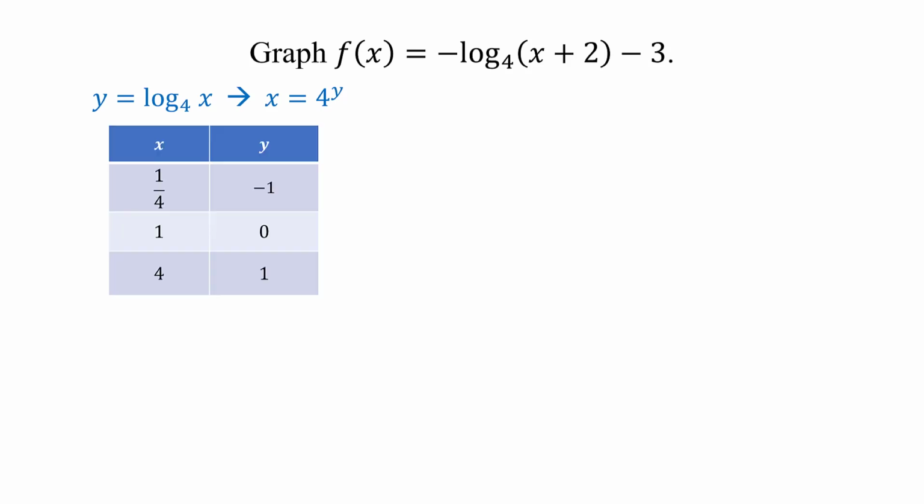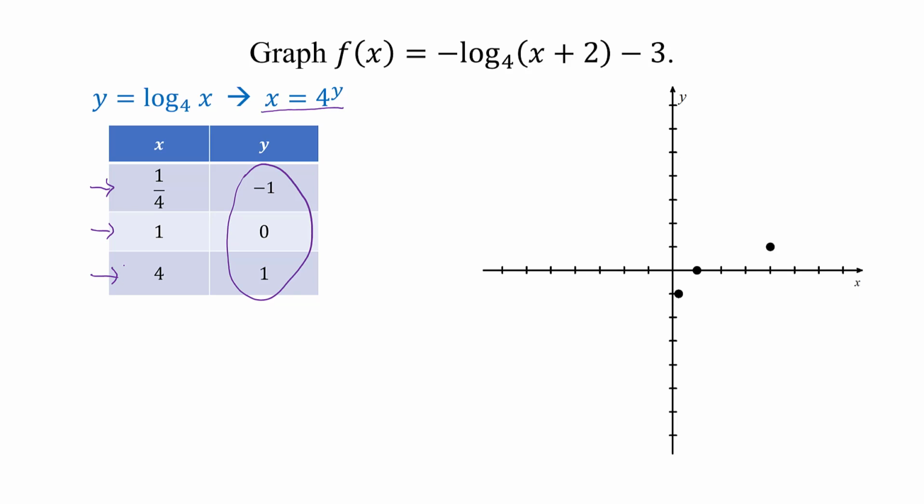We've graphed similar functions here. We start with the y coordinates of -1, 0, and 1. Plug y into x equals 4 raised to the power of y to get corresponding x coordinates. And from there, we will plot the 3 points on our graph: (1/4, -1), (1, 0), and (4, 1).